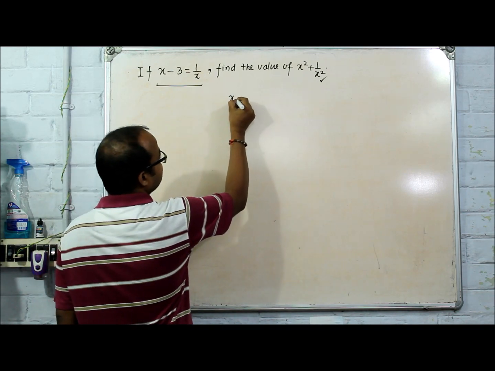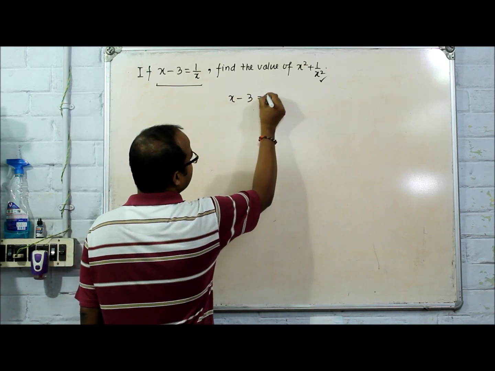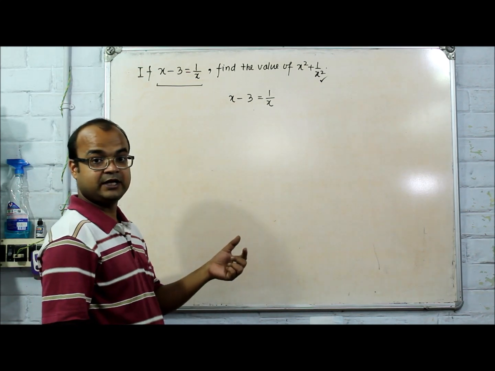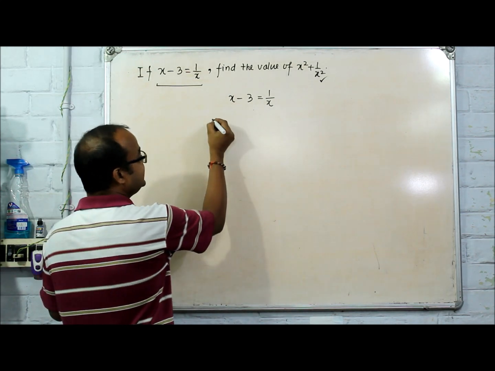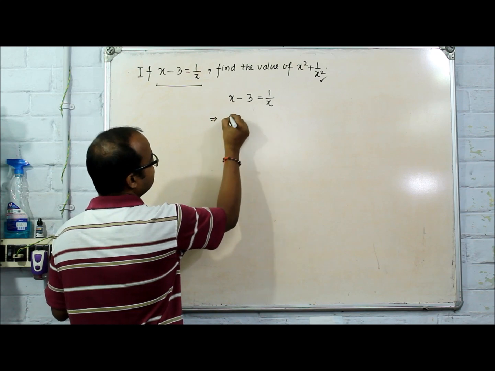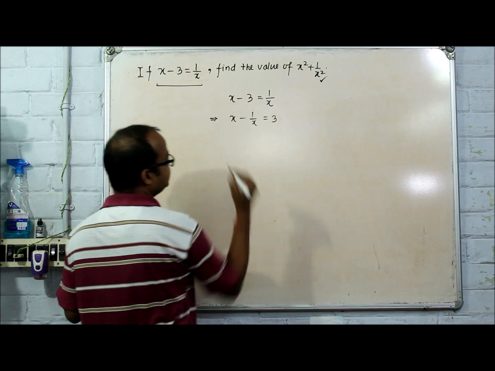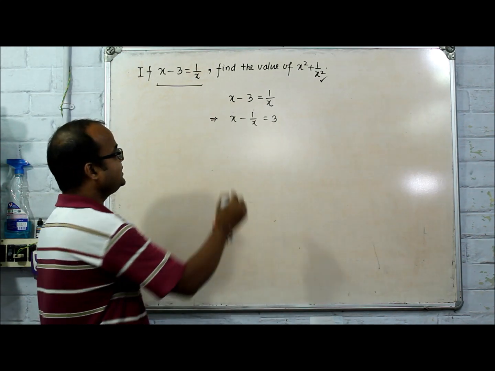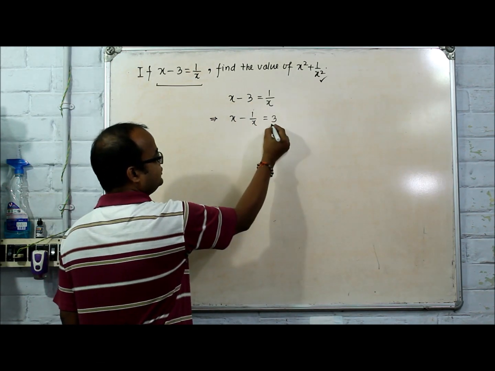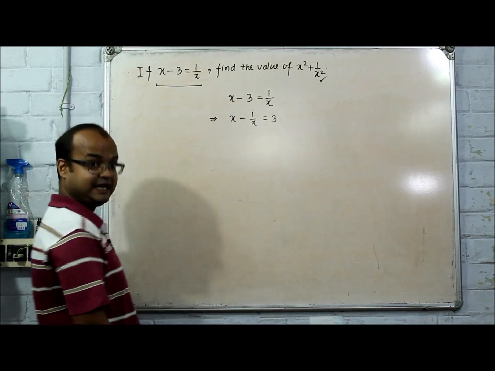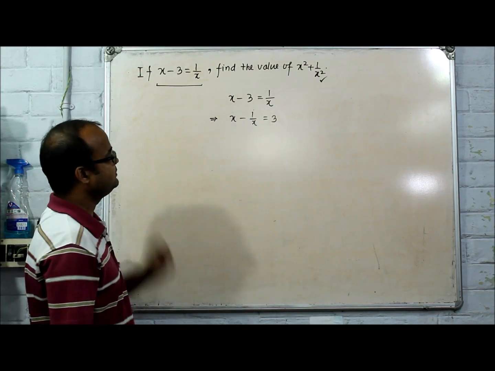Before we apply the squaring, first we need to rearrange the terms. That is x minus 1 by x is equal to 3. We are taking this minus 3 to that side, so it will become plus 3, and 1 by x to this side with x, so it will become minus 1 by x.